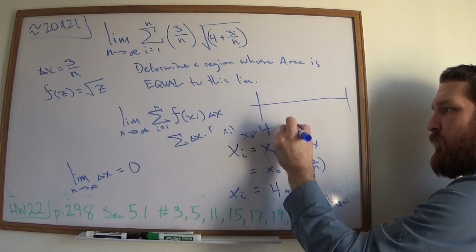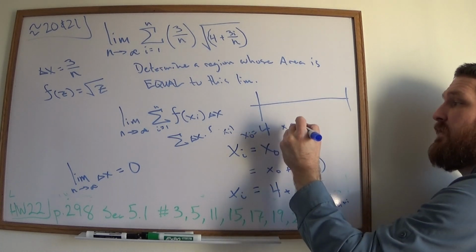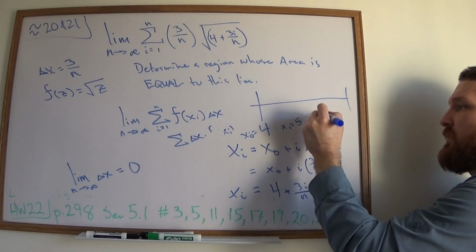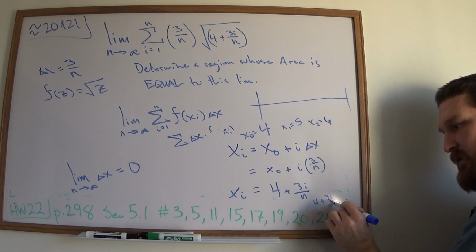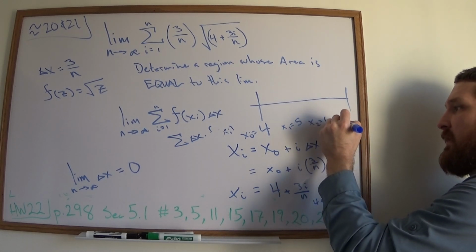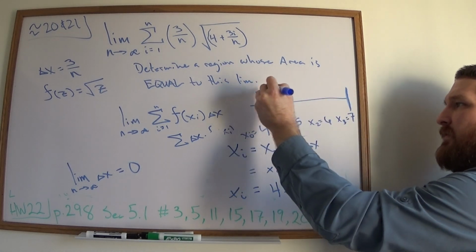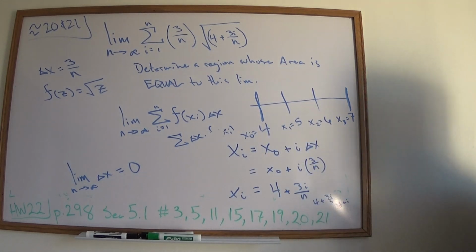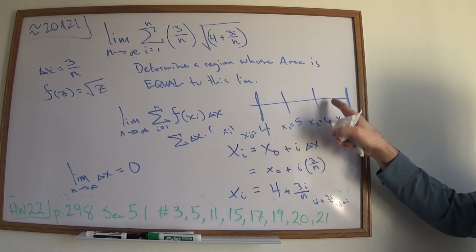Then x1 would be 4 plus 1 is 5. x2 would be 4 plus 2 is 6. And then x3 would be 7, and that would have to be my other endpoint. They would be equally spaced, right? And that's what it would be if you had chopped it into 3 equal pieces.